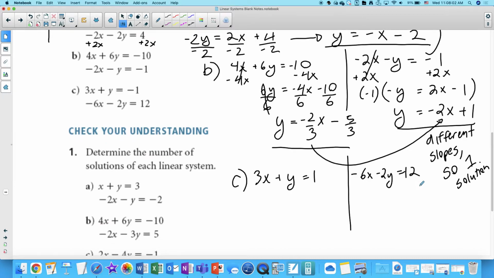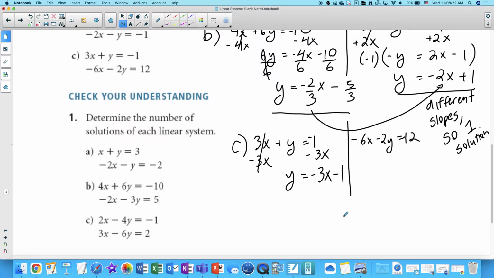Oh, thank you. Negative 1. Okay, so for the first one, I just have to subtract 3x, and then actually I'm done. Because this is already just y, right? So y equals negative 3x minus 1. And for the second equation, it's going to take a couple extra steps, but we've done this before.